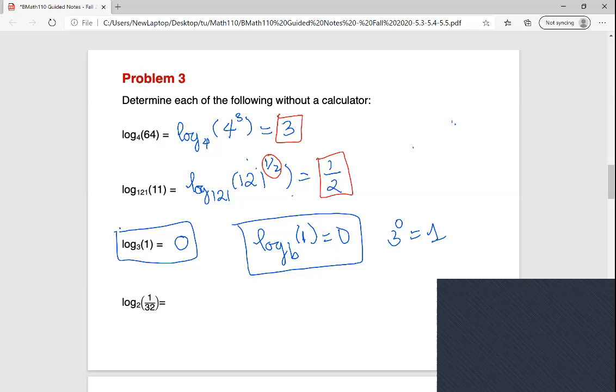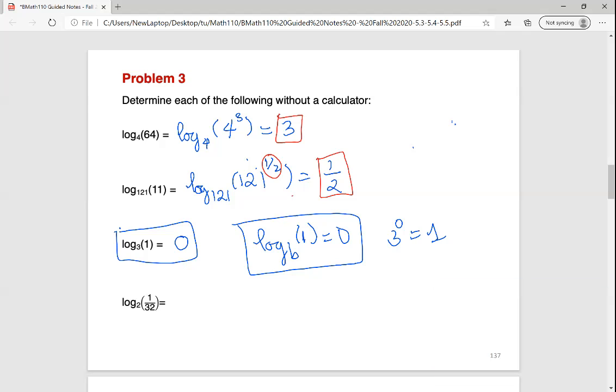Okay, another log in here, log base 2 of 1 over 32. I'm trying to think about what 1 over 32 raised to what gets 2, right?